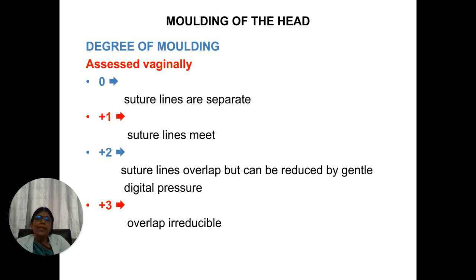Grade 2 is when they overlap but can be reduced by gentle digital pressure. Grade 3, the overlap is irreducible. In some books they give it as grade 0, grade 1 and grade 2 for irreducible overlap. So whenever there is an overlap which is irreducible, definitely there is a problem. There might be some amount of cephalopelvic disproportion.